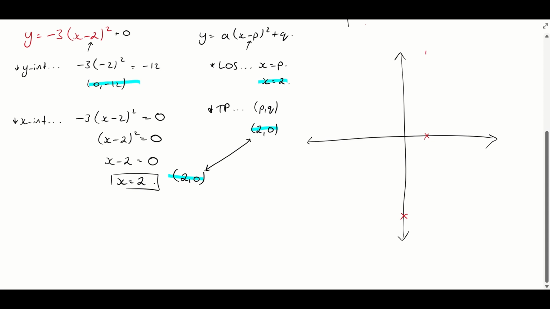So our line of symmetry is on that root, and our turning point is the root. They're the same thing. Now this is a negative quadratic, so it's going to be a sad face. It's going to come up through here, turn on our root, and come back down symmetrically the other way. So it's a sad face quadratic because we've got our minus 3 out the front here.